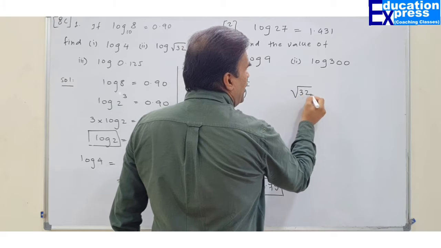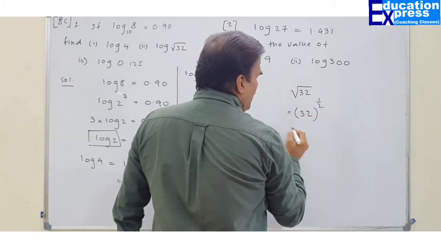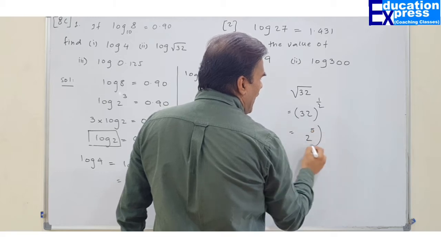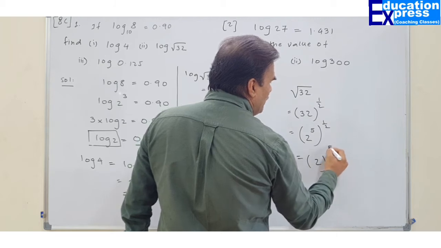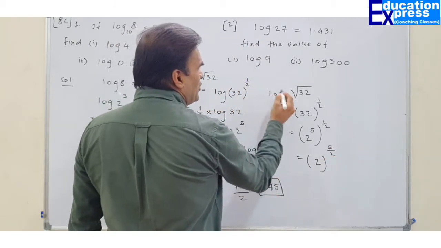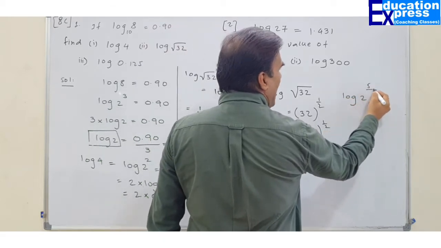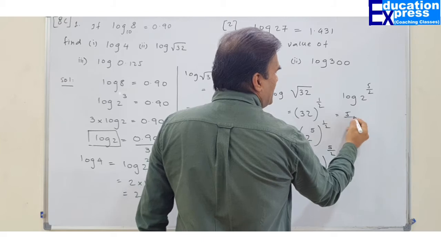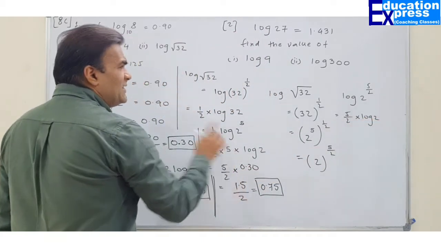So again, with the help of the value of log 2, we know log of root of 32. Square root of 32 would mean 32 raised to half, which would mean 2 raised to 5 raised to half, which would mean 2 raised to 5 upon 2. So in case you want, you could have done it this way also. That would mean log of 2 raised to 5 upon 2, which means 5 upon 2 into log 2, the same thing.